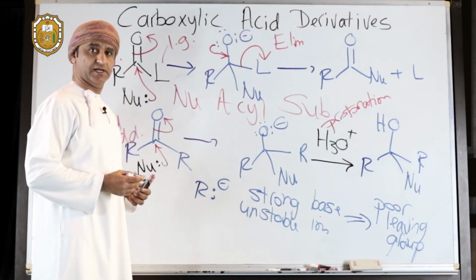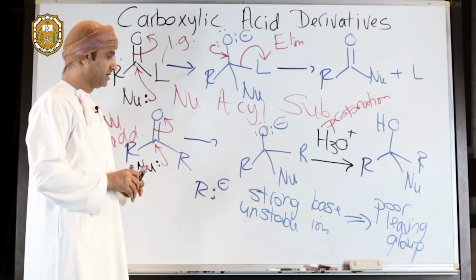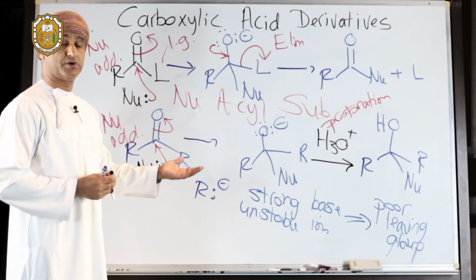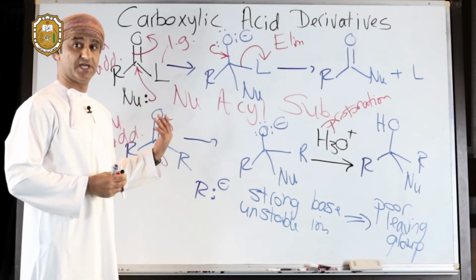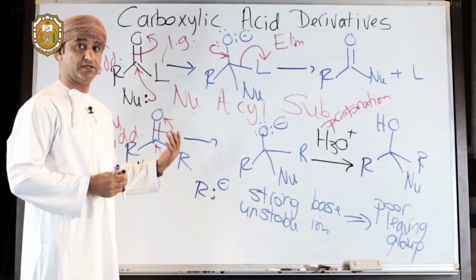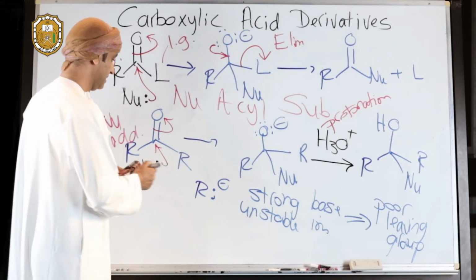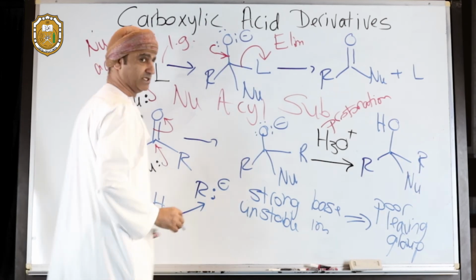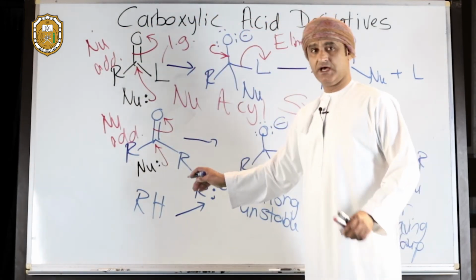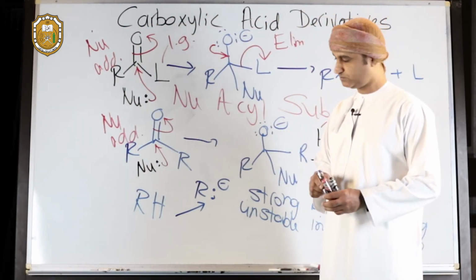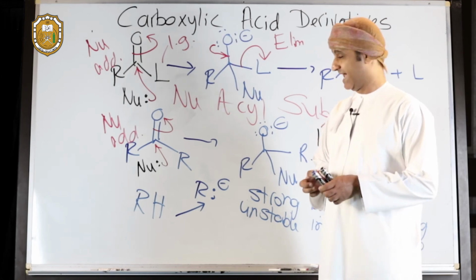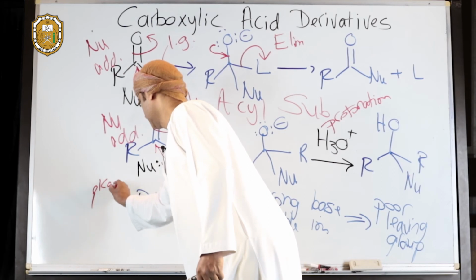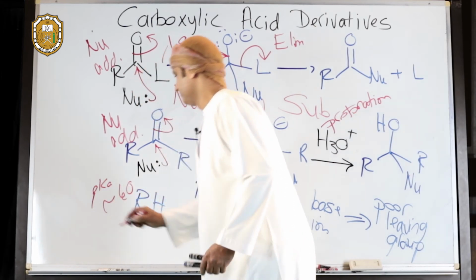To judge the leaving group ability, you can judge the basicity, obviously, the stability of the ion, or you can also look at the pKa of the conjugate acid. So R minus obviously would come from RH, which is alkanes, and alkanes are extremely weak acids. The pKa of alkanes is about 60 in general.